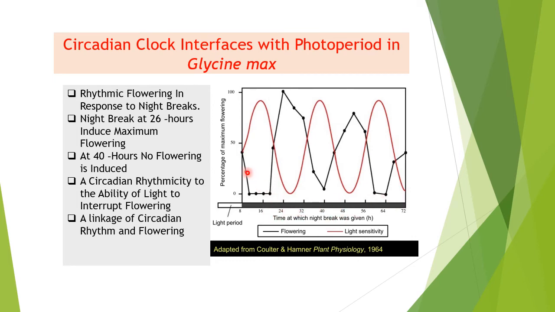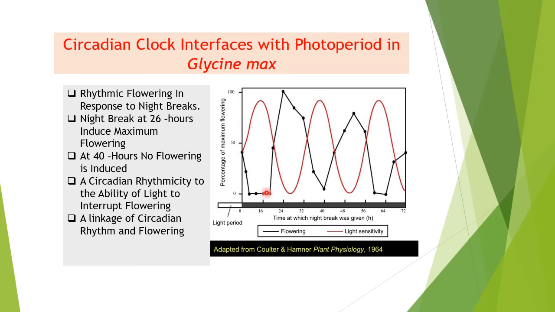The dots here show the night breaks given with light, given here, here, and here. And then at different points, when you connect the points, you find that at one point of time, when a night break is given, this is the flowering percentage, the maximum flowering on this side. On this side, there is continuous darkness, and these points depict the night breaks.